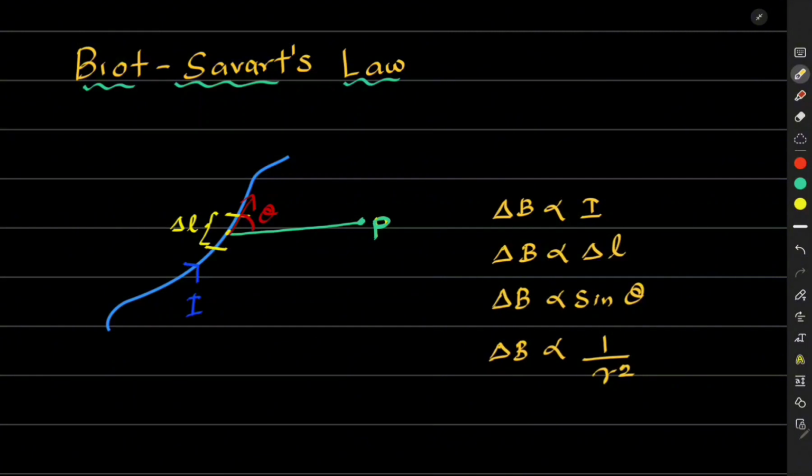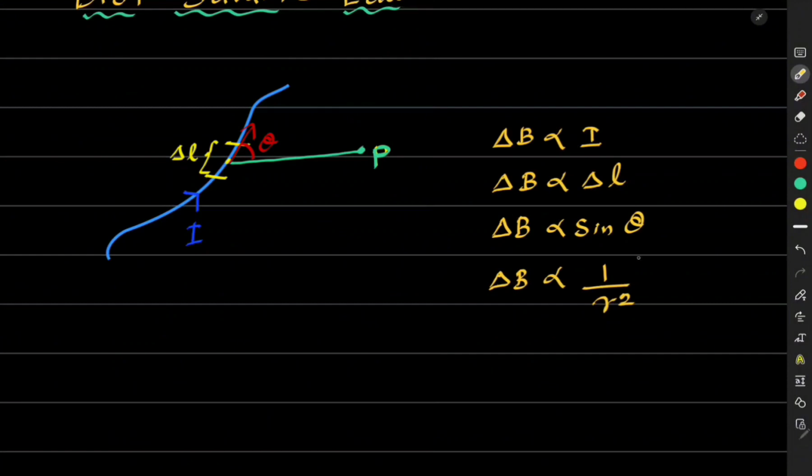This delta B is the magnetic flux density due to the element delta L. If we combine these, let's form a formula.